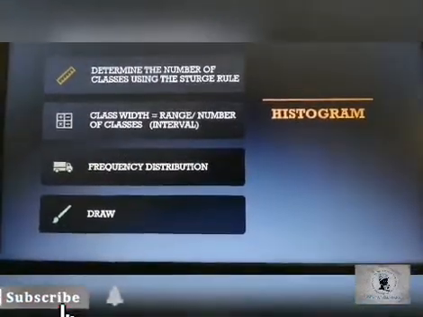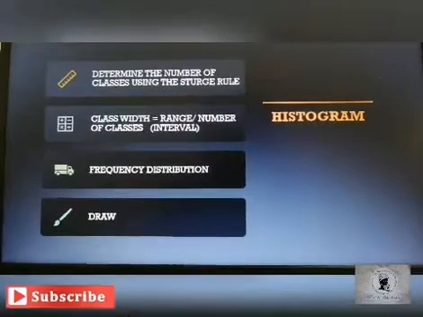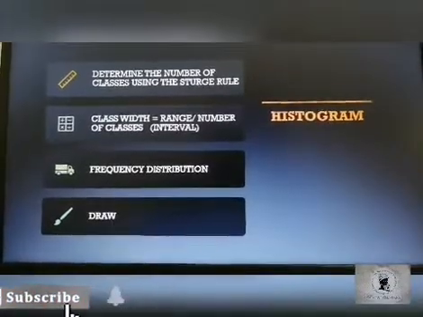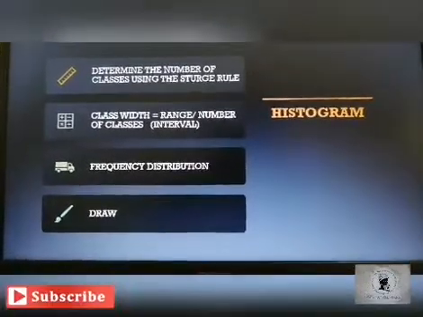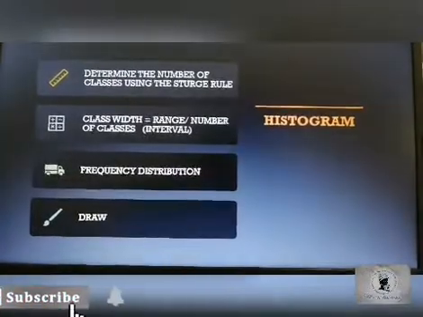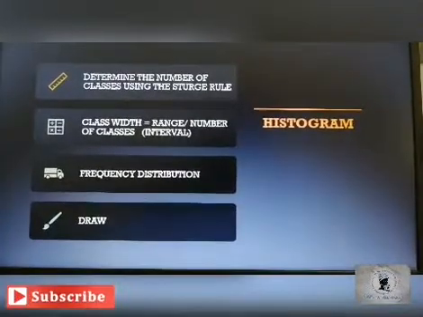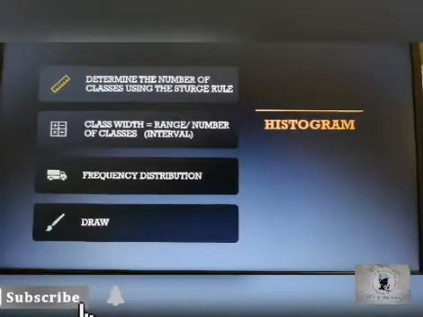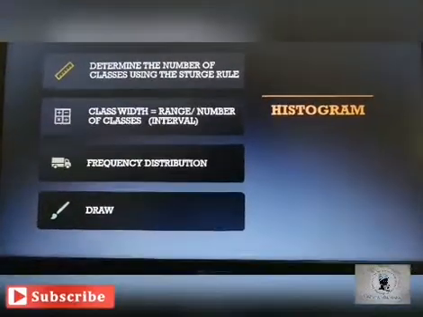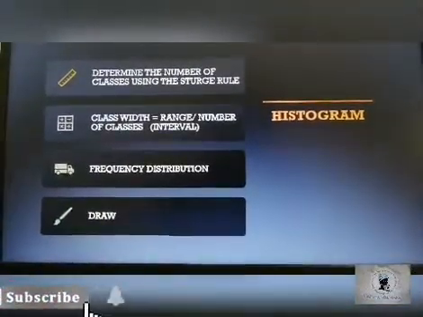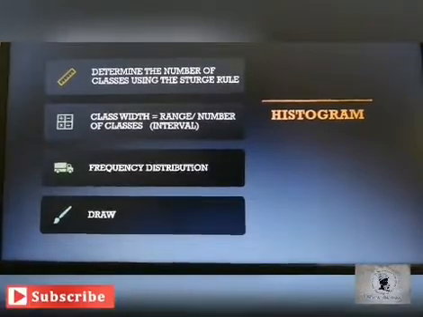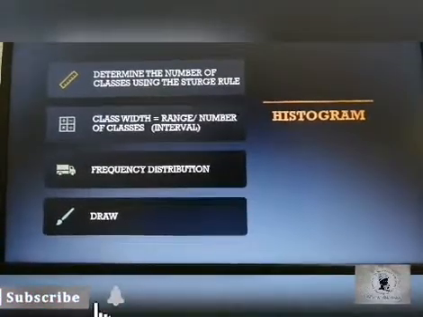For instance, if the minimum value in your data set is 147, you can either start with 140 or 145 depending on your class width. Guys, you need to work according to your data. There is no formula or code to follow.